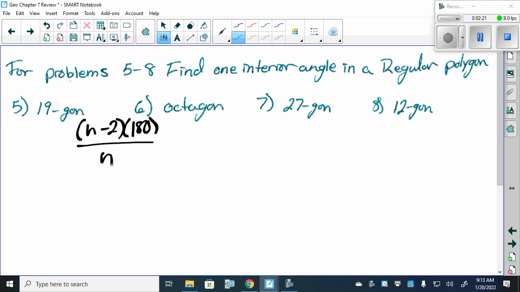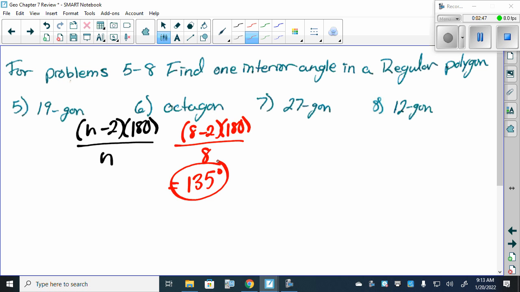So for 6, we could say 8 minus 2 times 180 and divide it by 8. At this point, we could type the whole thing into the calculator. 8 minus 2 times 180 divided by 8 will tell us that this is 135 degrees.